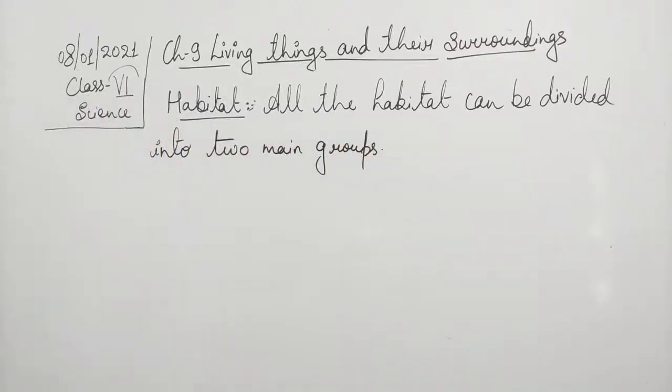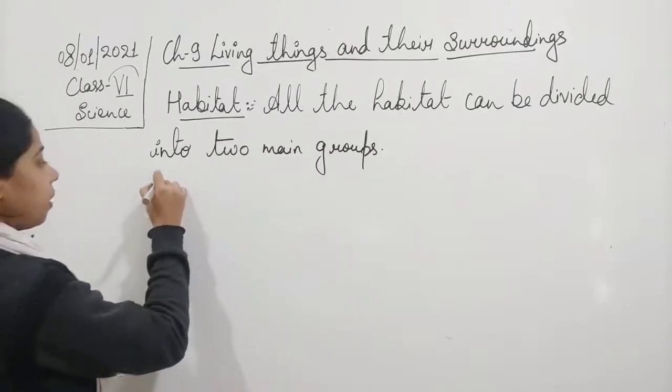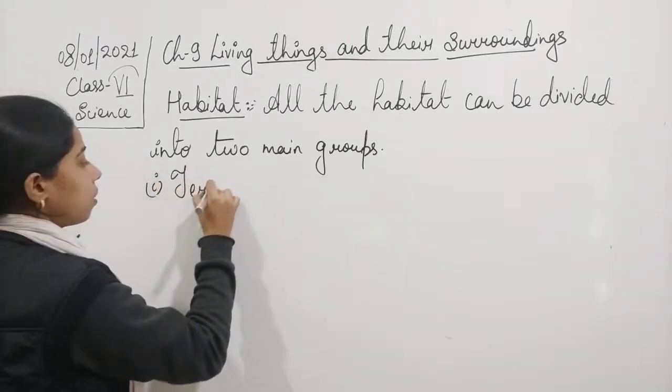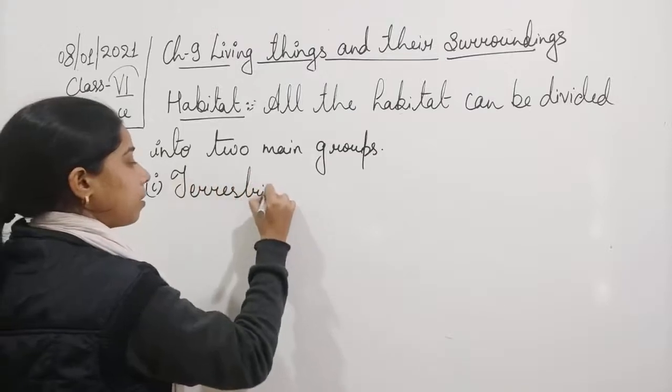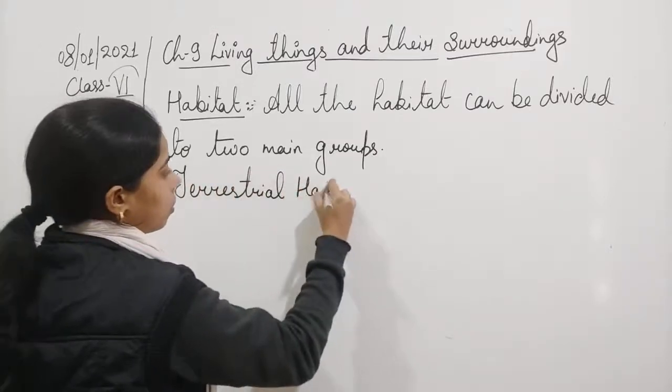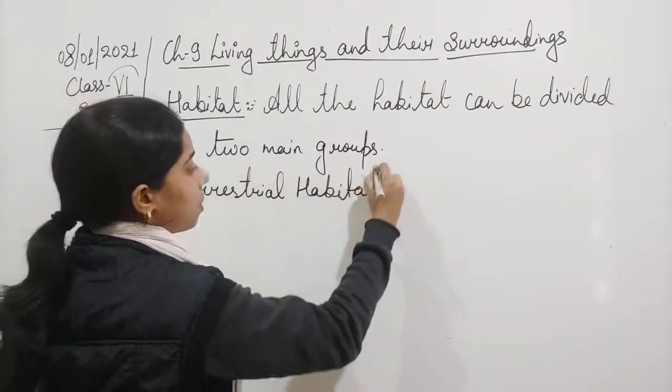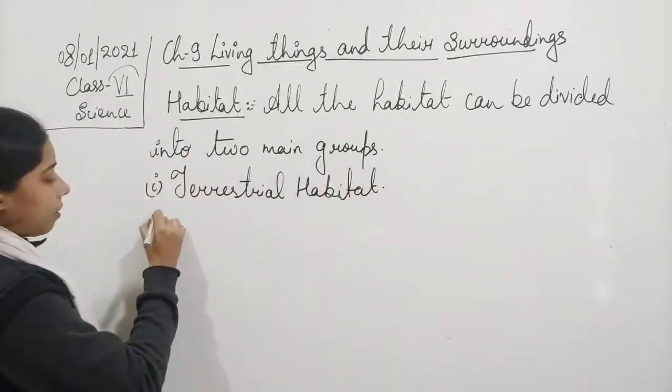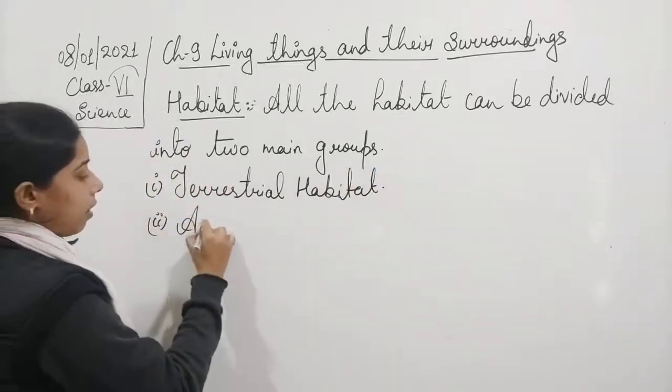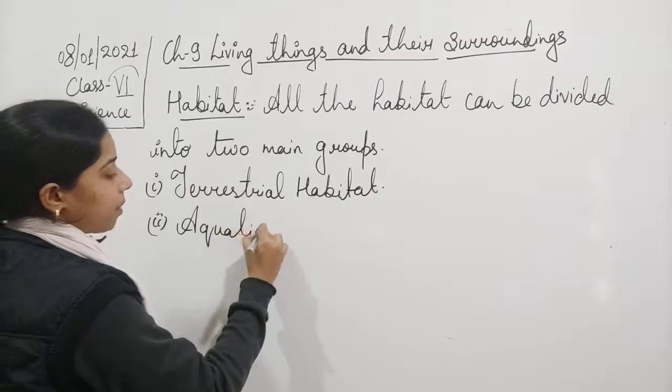That is, the first one is terrestrial habitat and the second one is aquatic habitat.